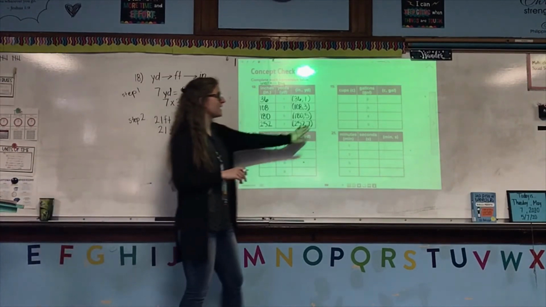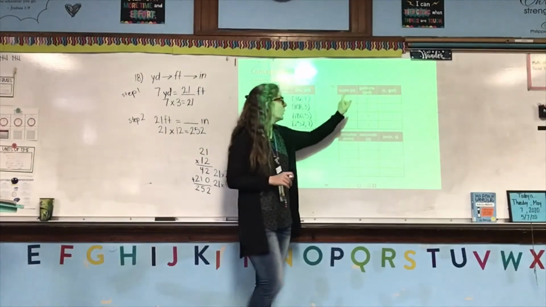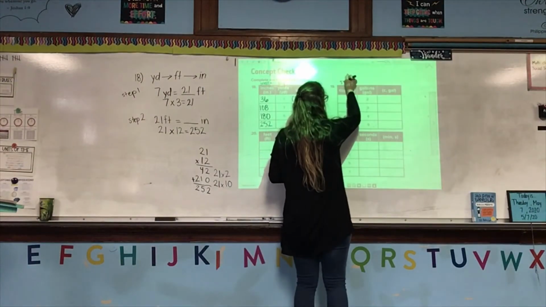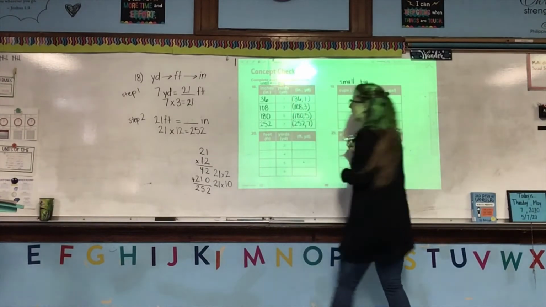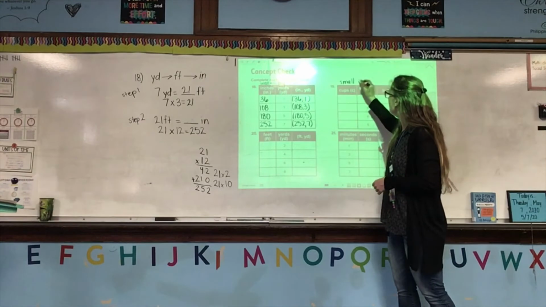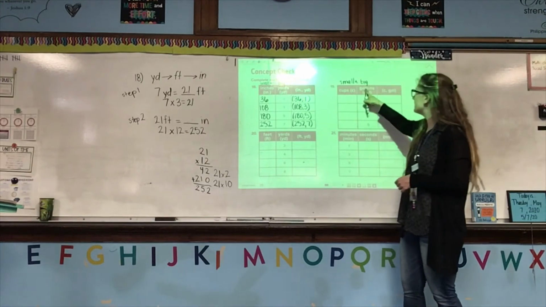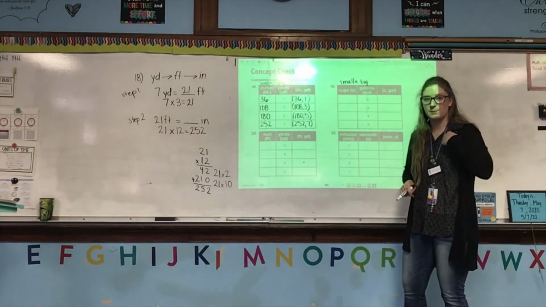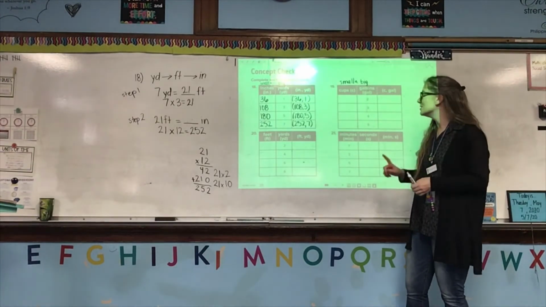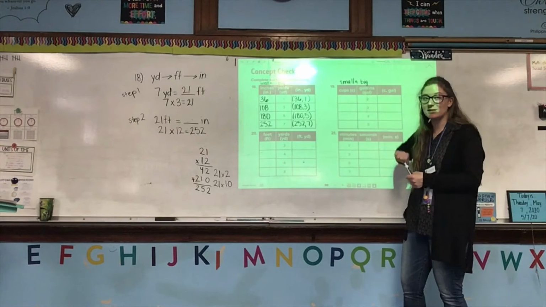Okay, number 19 is another example of this. We have cups, which are small. We have gallons, which are big. We know the bigger unit, the gallons, so that means we're going from big to small, which means we're going to multiply. But on our chart, gallons and cups are not right next to each other.